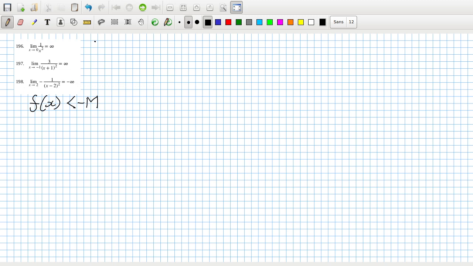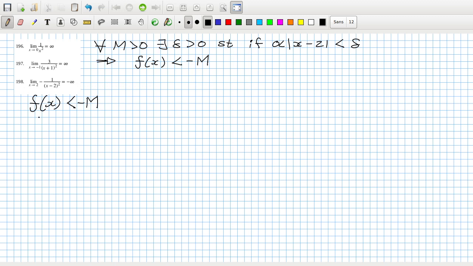Again, it's the same thing. For all m greater than 0, there exists a delta more than 0 such that if x minus a, which in this case is 2, is less than delta, then that means f of x is less than minus m.